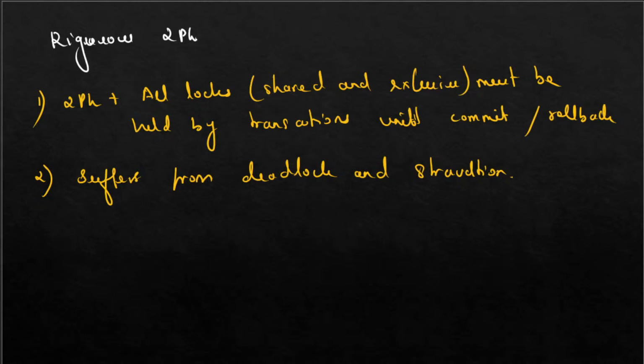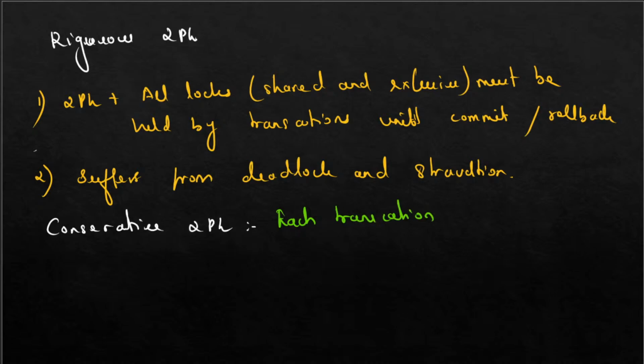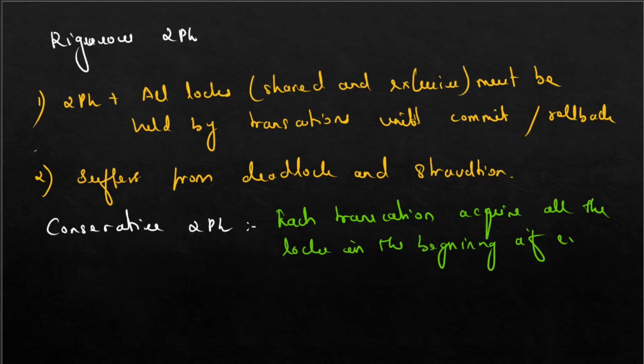And what is conservative 2PL? Here each transaction acquires all the locks in the beginning of execution and releases after commit.